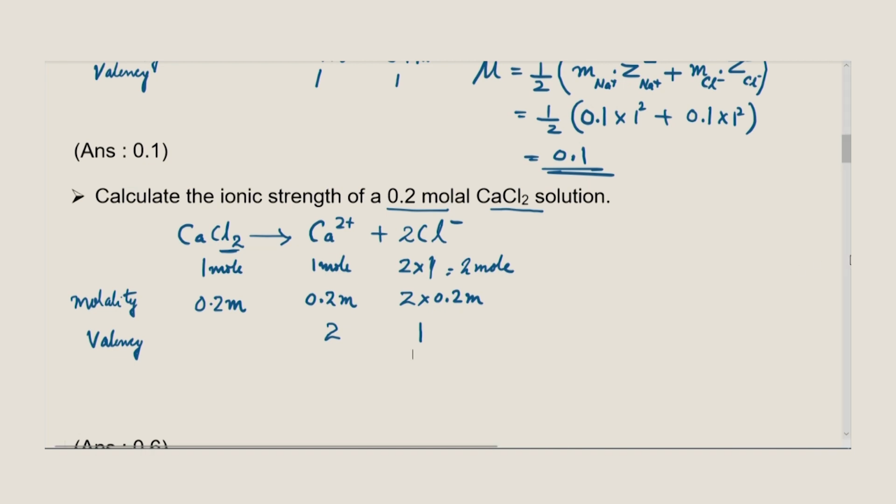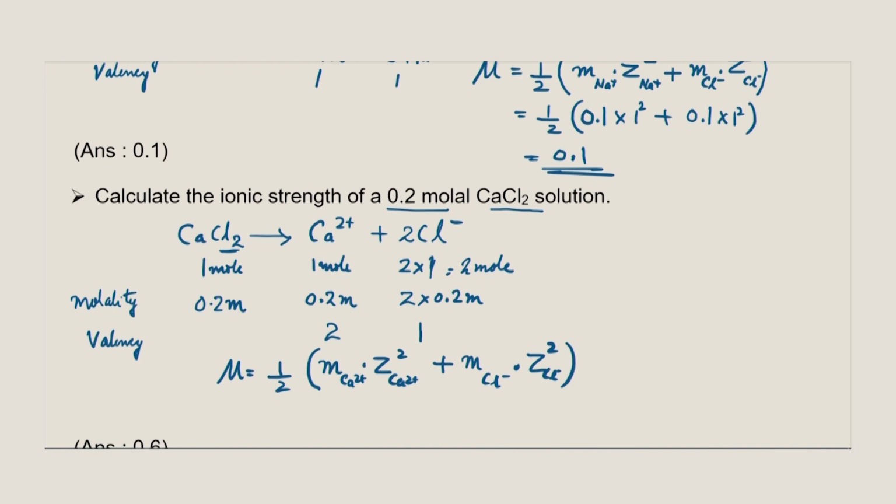Next, what we can do is we can go for the ionic strength. Ionic strength mu is equal to half into molality of calcium ions into valency of calcium ions square plus molality of chloride ions into valency of chloride ions square. Okay. So, we can substitute that.